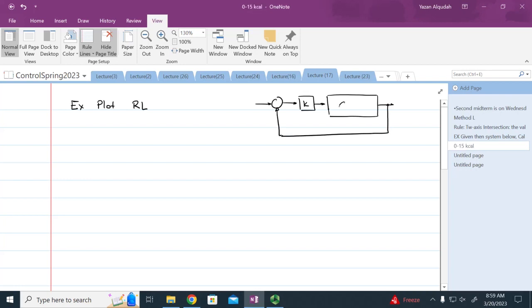Okay, so we have a system. G of S is equal to 1 over S multiplied by S plus 4 squared plus 16.